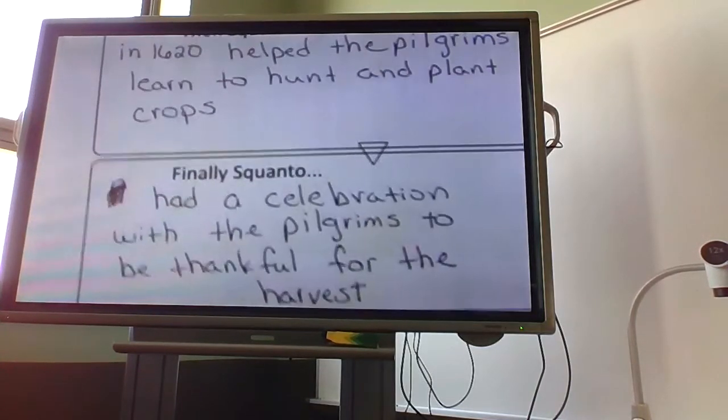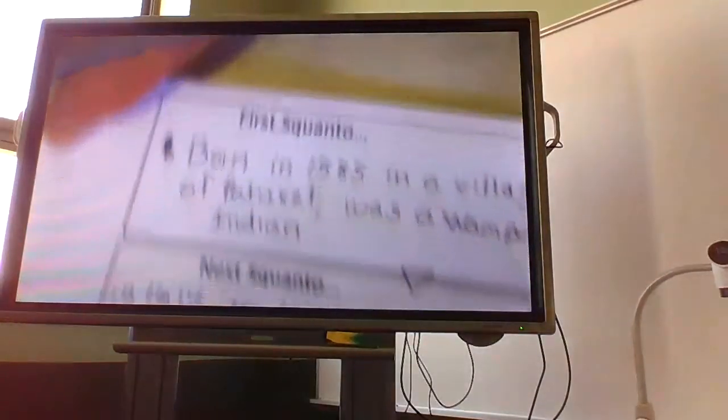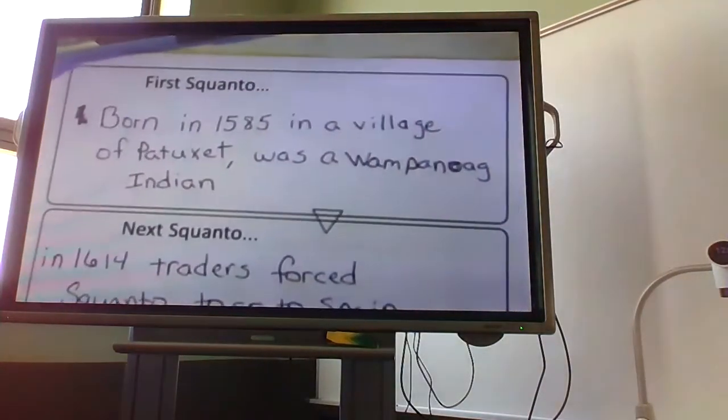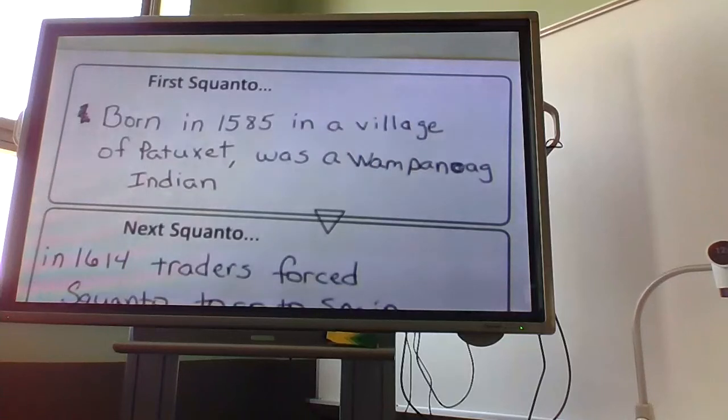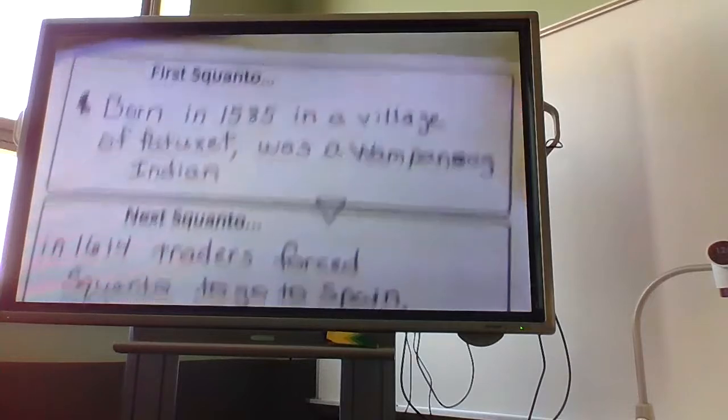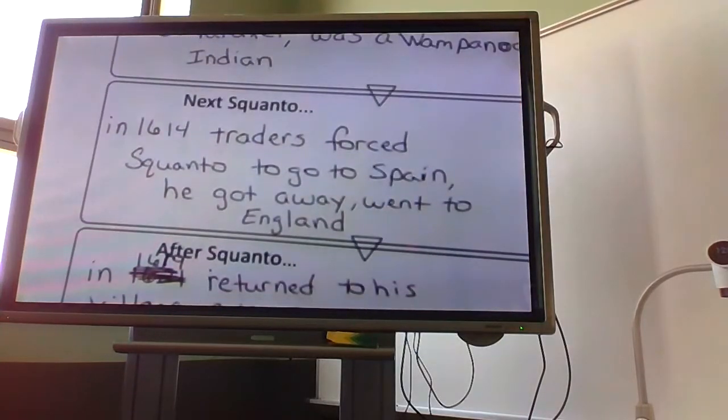Okay, so let's look at this again. I'm going to read it again, and this is kind of like what we wrote. We said first he was born in 1585 in his village of Patuxet, and he was a Wampanoag Indian. Then next, in 1614, the traders forced Squanto to go to Spain. He got away and went to England.